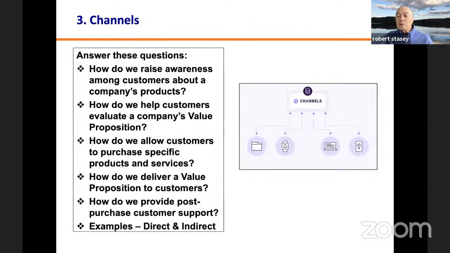Let's look at channels. Typically in terms of channels, our venture may use one or more channels to reach its targeted customers. An effective channel would distribute the company's value proposition in ways that are fast, efficient, and cost effective.